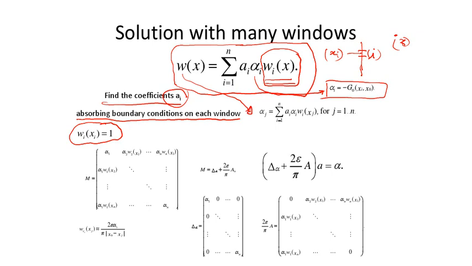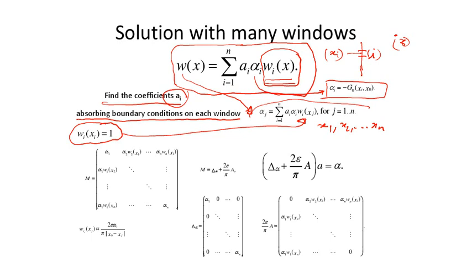You remember alpha i was minus this. I know that Wi are exactly 1, so I can replace this in here. And I can write a system of equations for each position x1, x2, and so on, xn. Right? This is exactly what is written here.